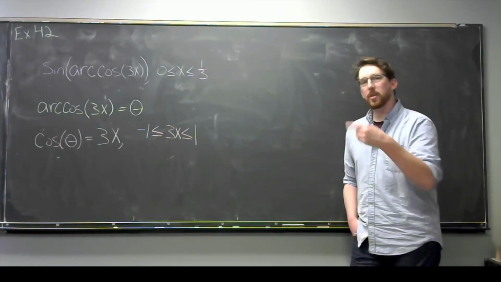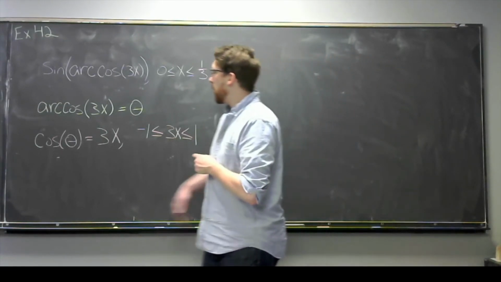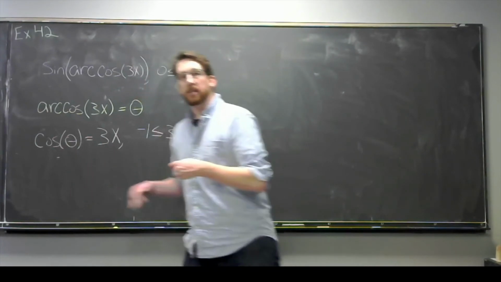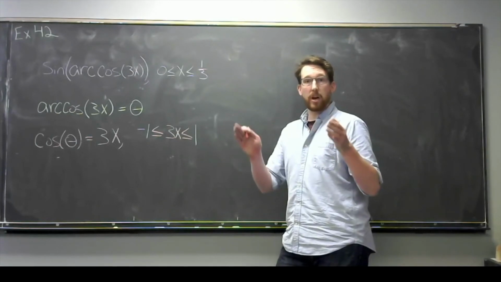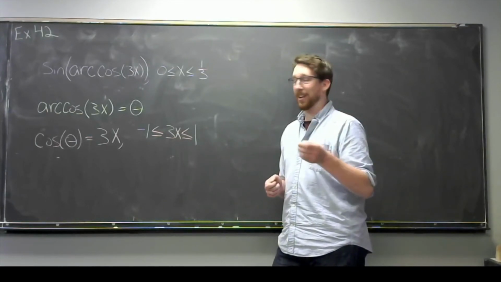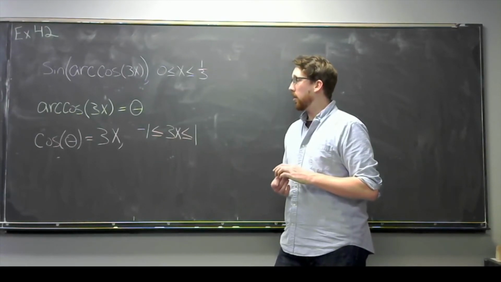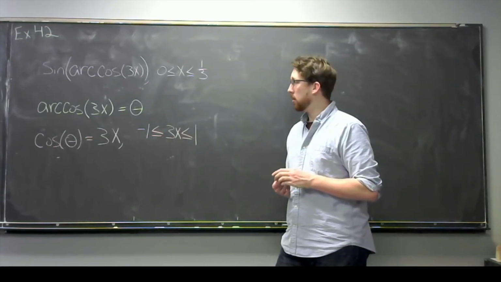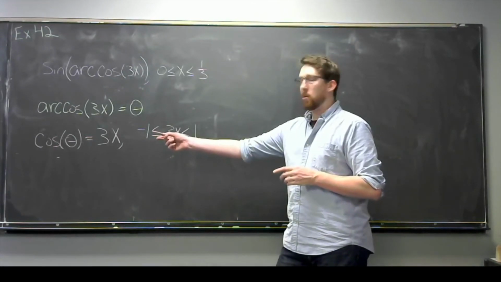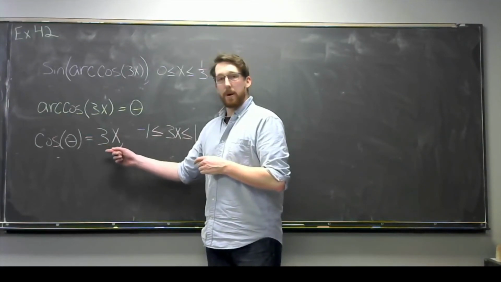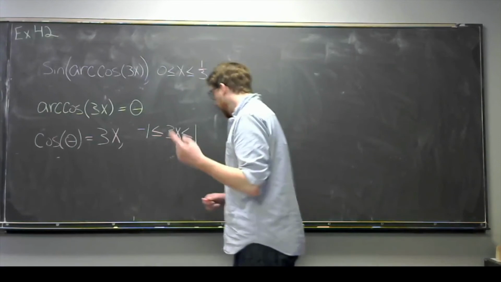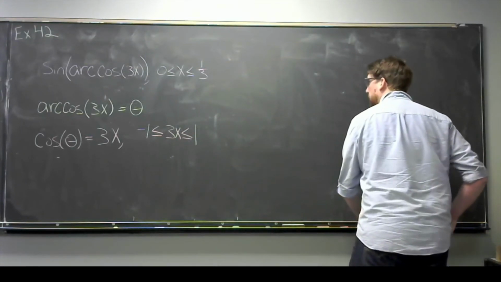Well, just like with that last problem, we know that cosine is equal to the length of our adjacent leg divided by the length of our hypotenuse. Well, this is just going to be 3 times x divided by 1. So we can draw this out as a triangle.